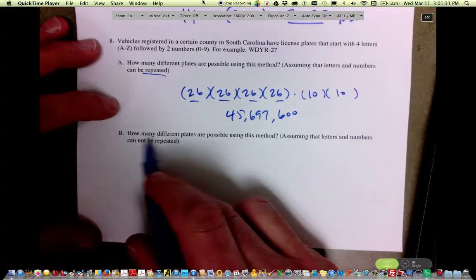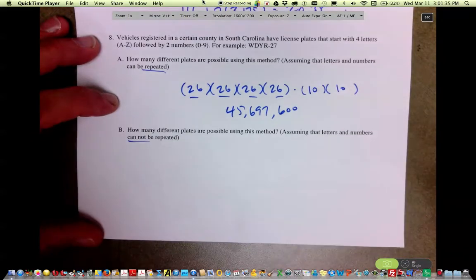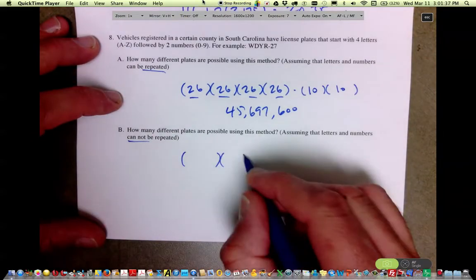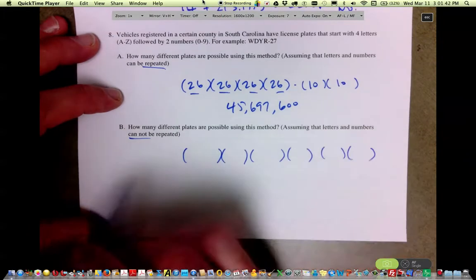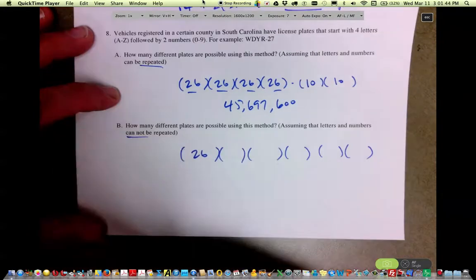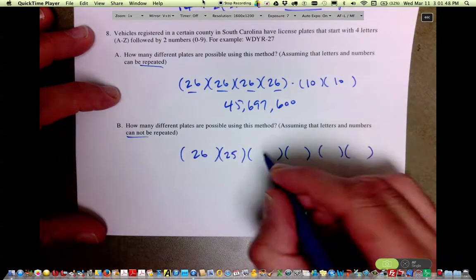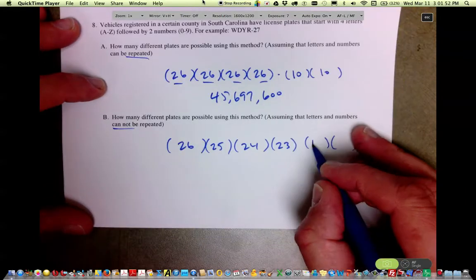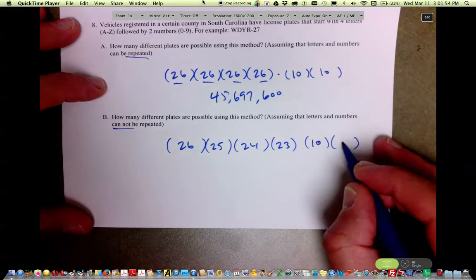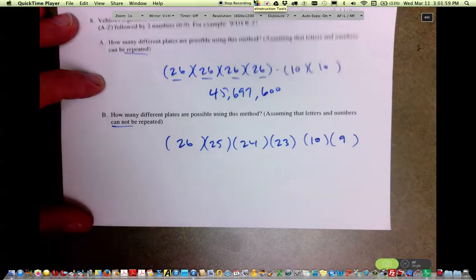All right, so how many different plates are possible if the letters can't be repeated? Again, we're going to end up doing a lot of multiplication here, but these numbers are going to be a little bit different. We could use 26 different letters to fill that first spot, but if they can't be repeated, we've only got 25 left here, and 24 here, and 23 here. We can fill the first digit spot with 10 different digits, but then they can't be repeated, so there's only 9 that can be filled in that last spot.